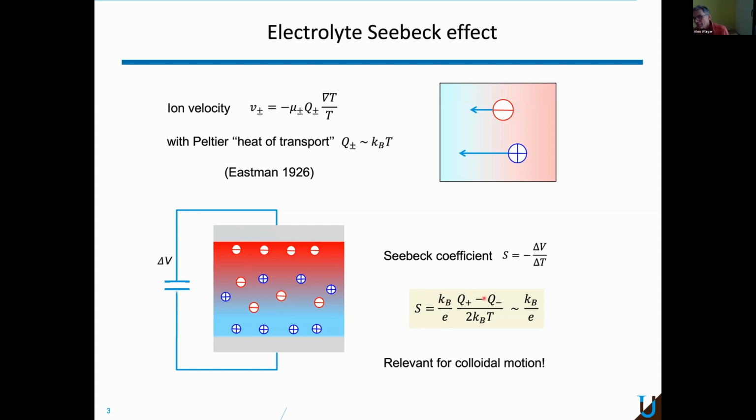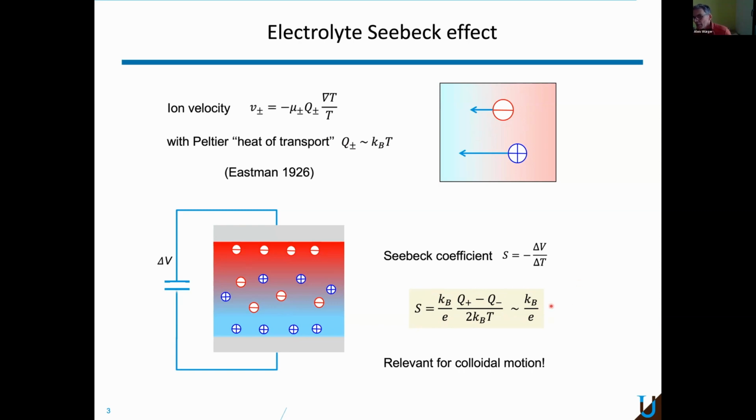And then here you have the ratio of the difference of the heats of transport. That means this excess heat of a particle in a solvent. So the difference between cations and anions, you divide by kT, and that gives you the Seebeck coefficient.